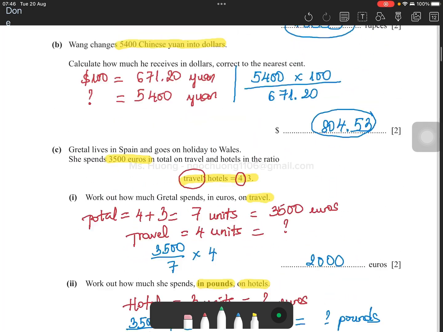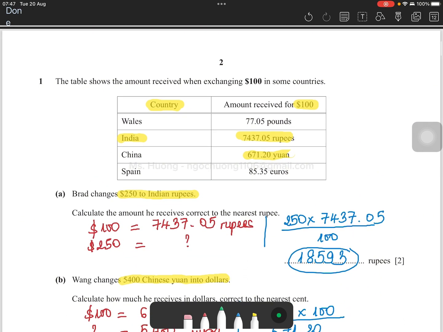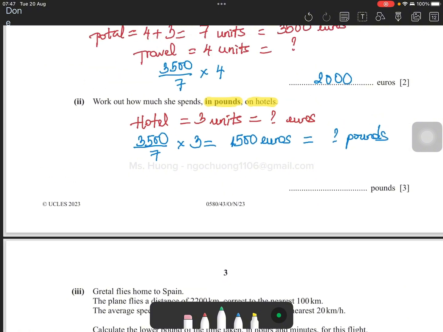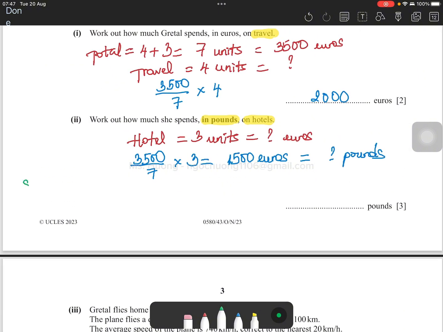How to do it? Let's check the table. $100 is corresponding to 77.05 pounds. And it is also equal to 85.35 euros. So let's rewrite that. $100 is equal to 77.05 pounds, and it is also equal to 85.35 euros.